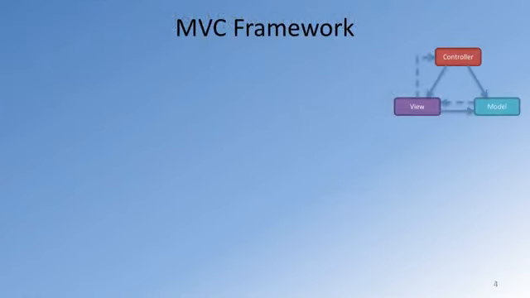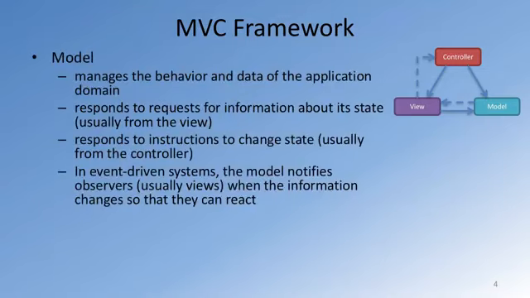In the MVC framework, the model manages the behavior and data of the application domain, and the model responds to requests for information about its current state. So typically when the view wants to render or the view wants to update itself, it might query the model in order to obtain information so that it can be rendered appropriately to the user.